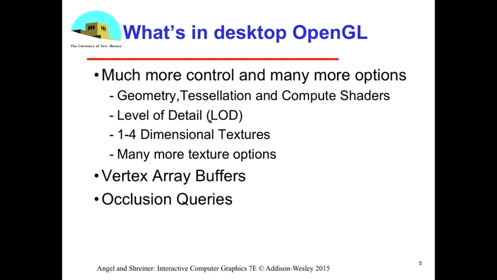One of the things that's in there is vertex array buffers, which were somewhat required in desktop OpenGL. It's sort of another level. We've had vertex buffers, but not vertex buffer objects, but not vertex array buffers. And it just gives you a lot more ability for a complex application to group things together.